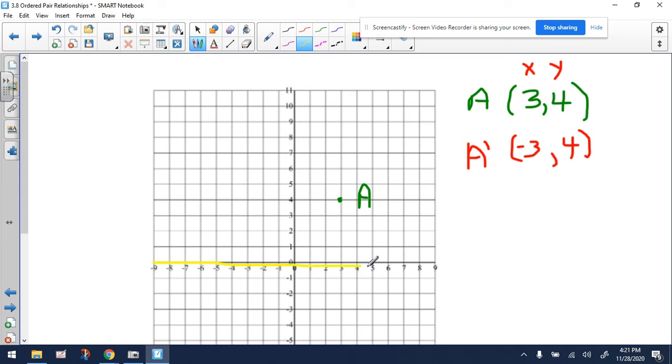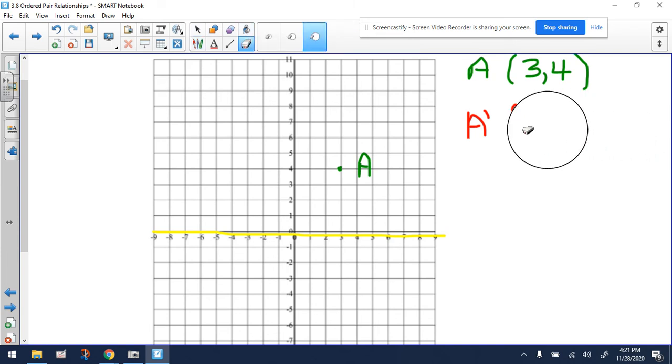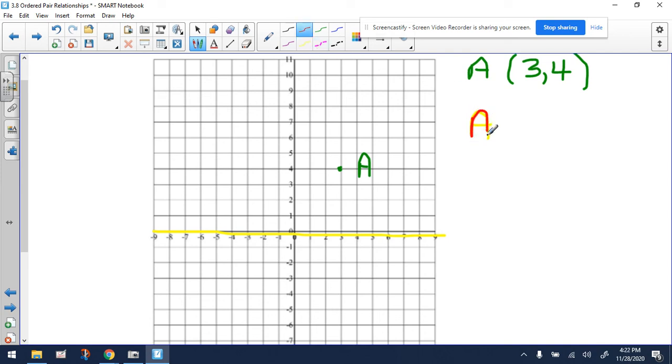Now remember this yellow line right here, that's the x-axis. So that means it's going to be on the other side of that line. So we'll erase reflecting over the y. And now let's think about reflecting over the x-axis. What would the ordered pair be? All right, so same story there. We want to keep that same distance. So if this is 1, 2, 3, 4 units away, it'll be 4 units away on the other side.